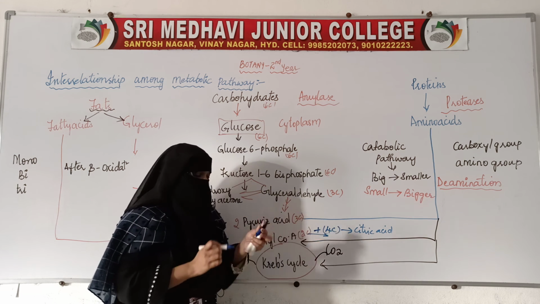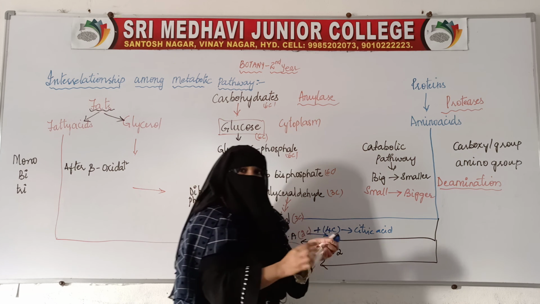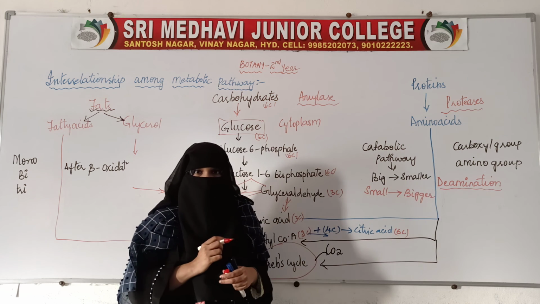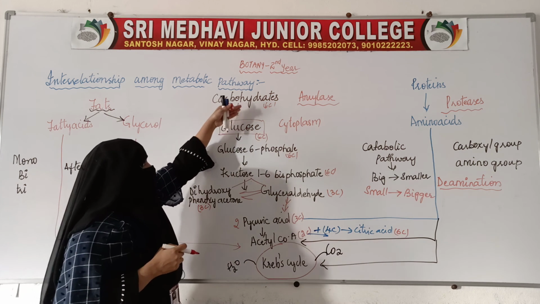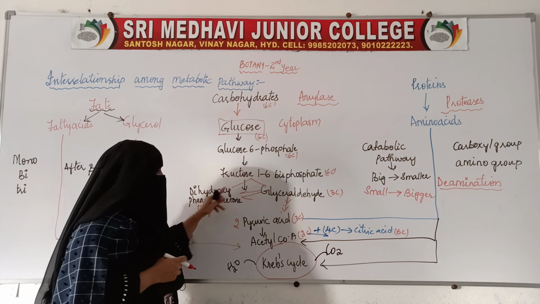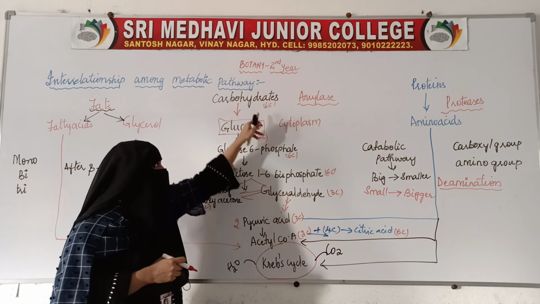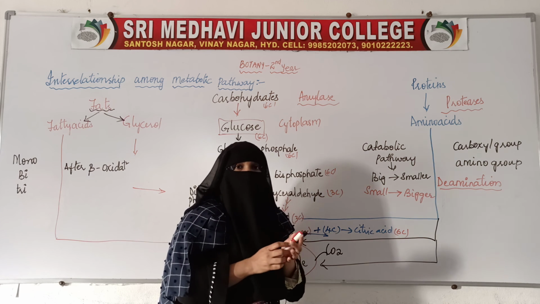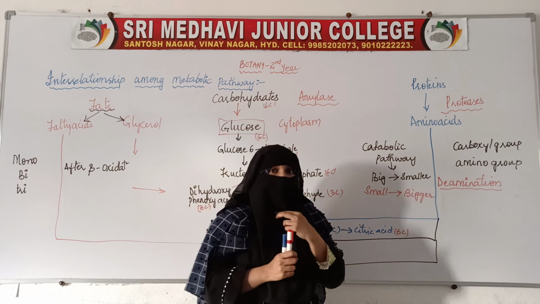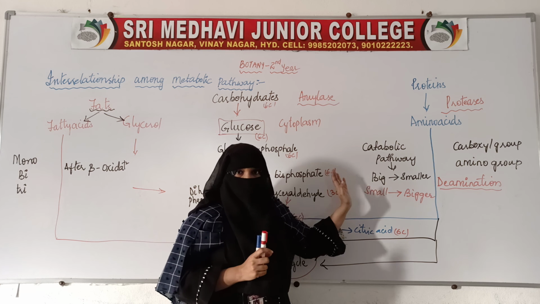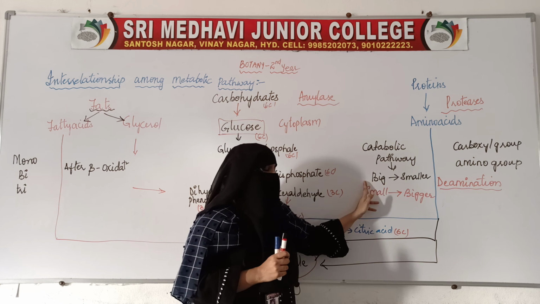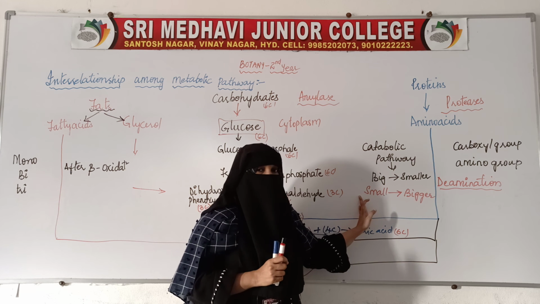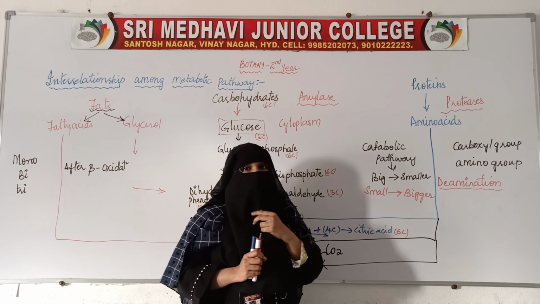That is, small molecules combine and form a big molecule, citric acid, which is a 6-carbon compound. Then the 6-carbon compound is broken down into a 3-carbon compound, that is, bigger molecules are broken down into smaller molecules. So respiration involves both processes: in some reactions bigger molecules are broken down into smaller molecules, and in some reactions smaller molecules are changed into bigger molecules.